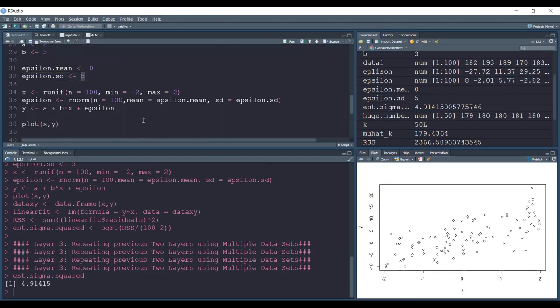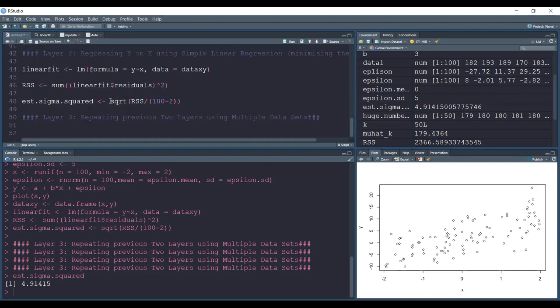You wouldn't know, right? But if you use this formula, square root of the residual sum of squares divided by n minus 2, you should get something that approximates, something that estimates.